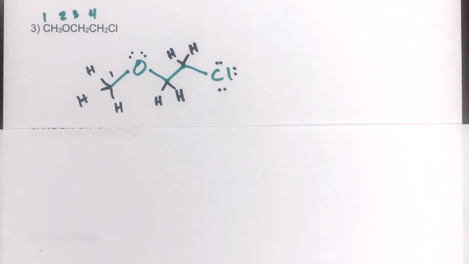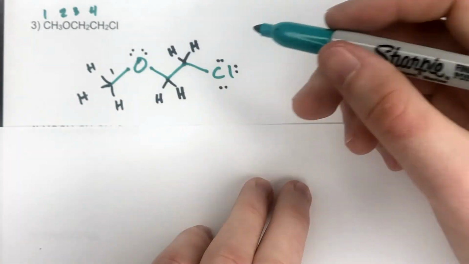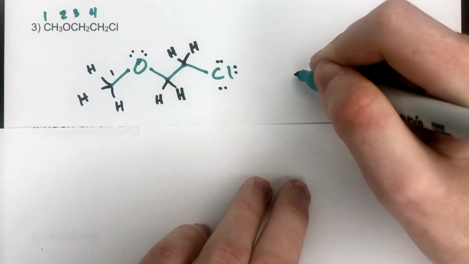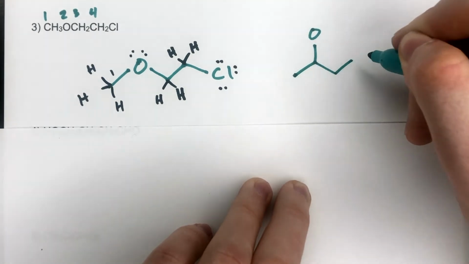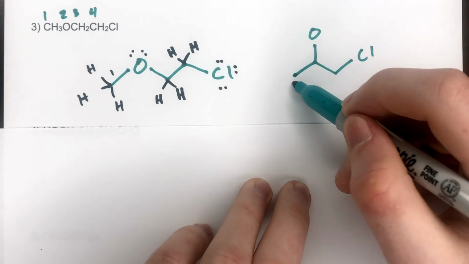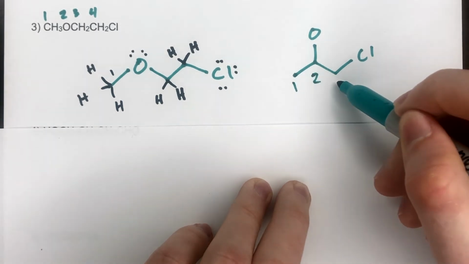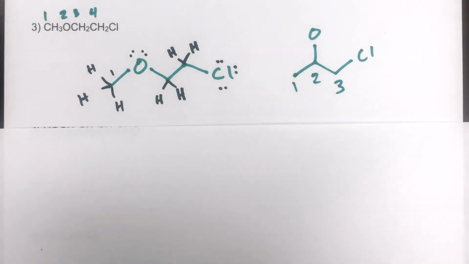If you were to incorrectly think that carbon 1 was bound to carbon 3, so something like this, right? So here we still have our 3 carbons, so 1, 2, and 3, and then our chlorine and the oxygen. So the issue with this is that the 2 position would be a CH, and we don't see any CHs in our condensed formula.